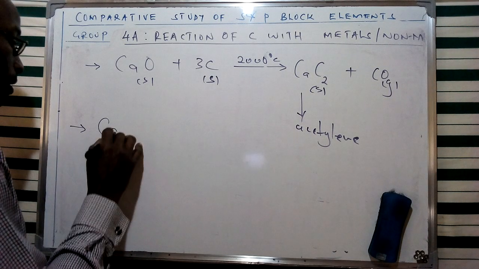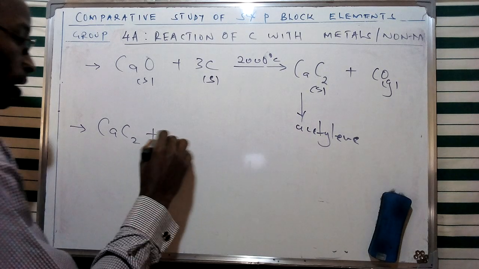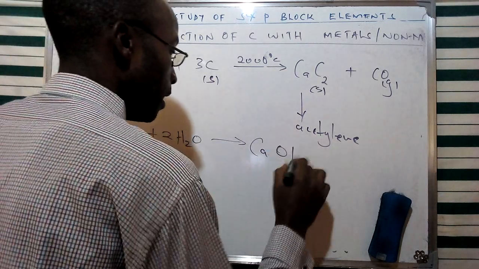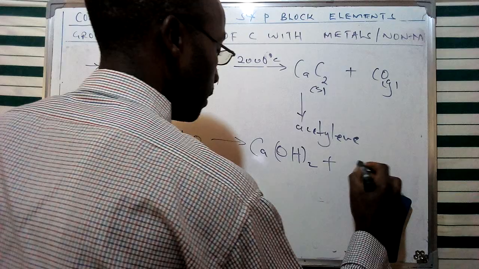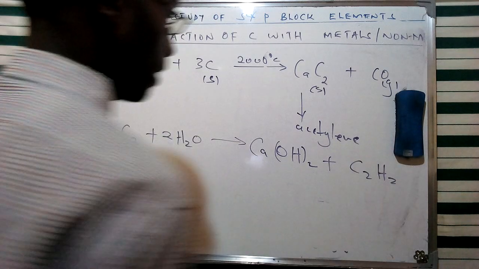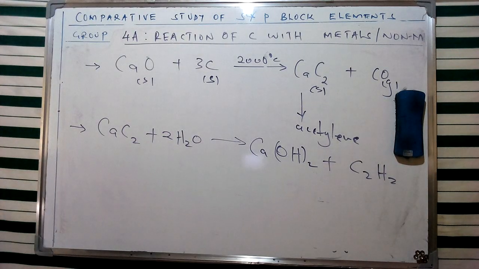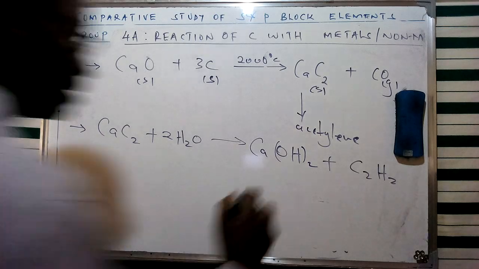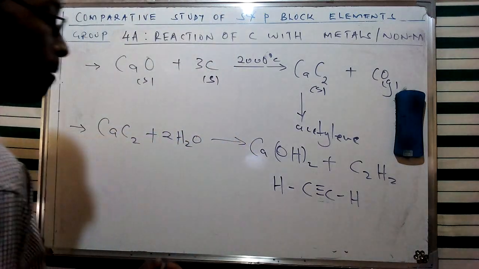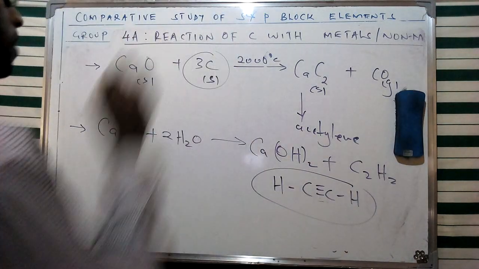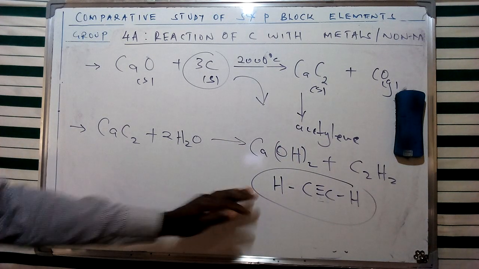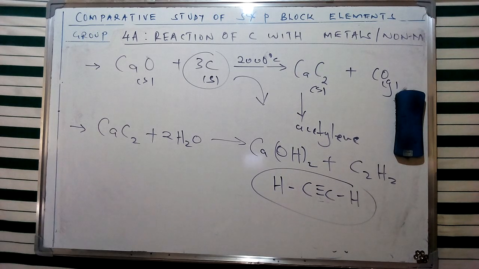We're going to have this calcium carbide reacting with water, and this will lead to the formation of calcium hydroxide plus this specific member of the alkyne series, ethyne, or perhaps I can expand this in terms of its structure. So we can see that the reaction of carbon is going to assist us in coming up with essential products which we're going to find very useful in our day-to-day application.